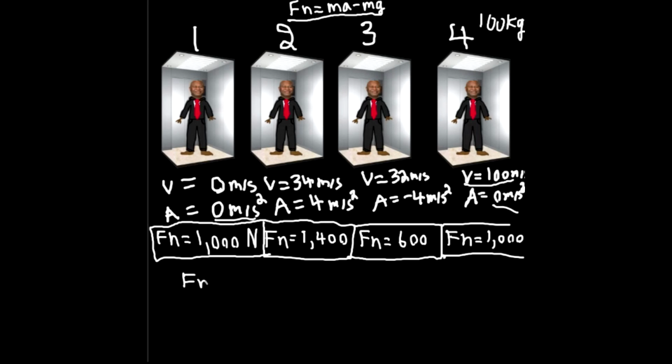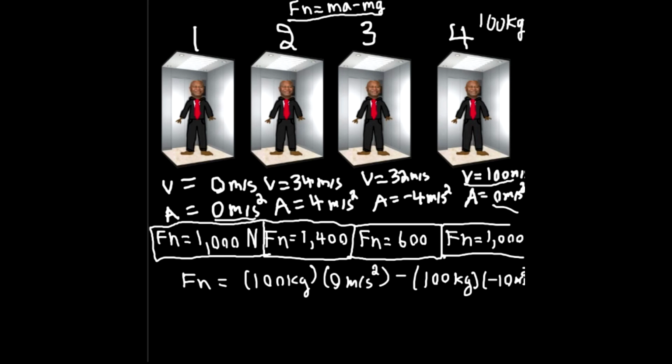So Fn equals 100 kilograms of Dr. Mays, and the acceleration being 0 meters per second squared, minus the mass, 100 kilograms, multiplied by negative 10 meters per second squared.